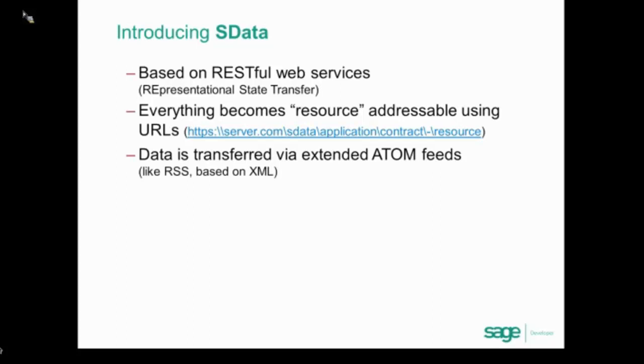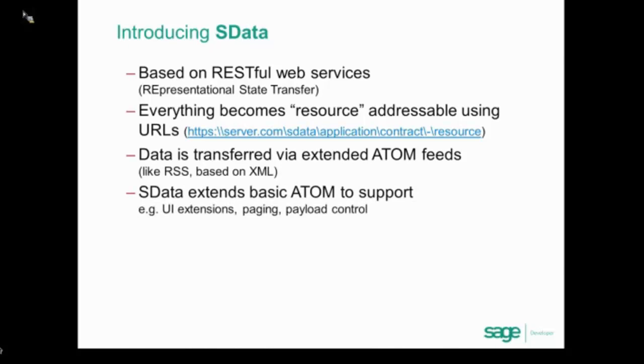Atom is another standard. This is not something that Sage has developed, but it's something that is based on RSS, really simple syndication. And that in itself is just based on XML structured text. Now, what we do is we represent resources through Atom feeds, and we embellish those feeds to comply with the rules of SData.